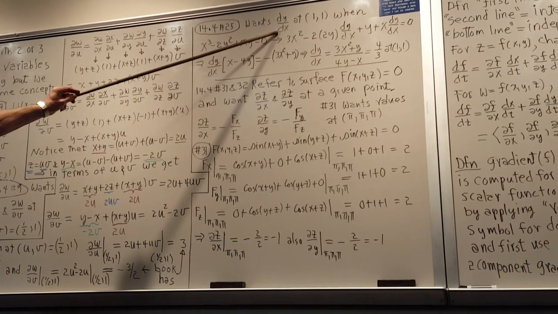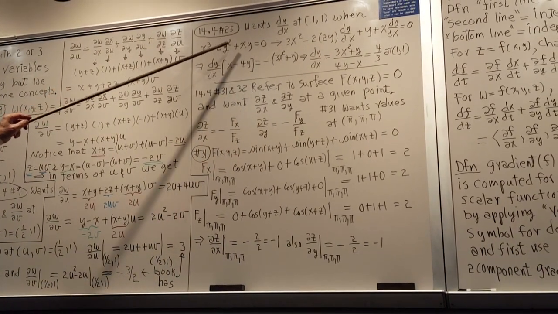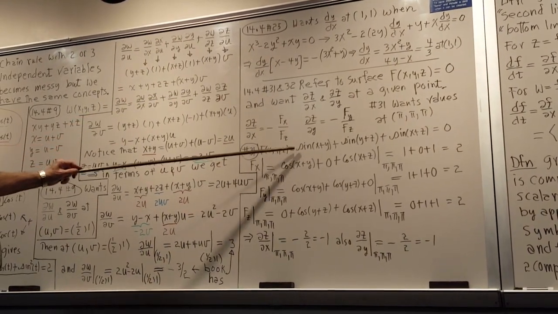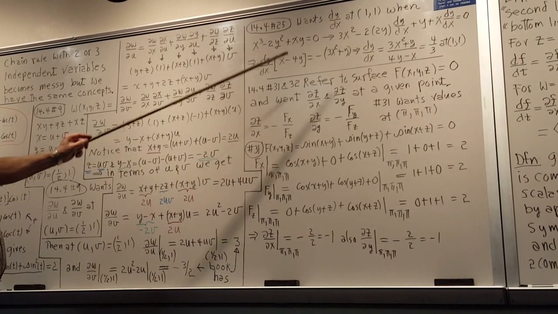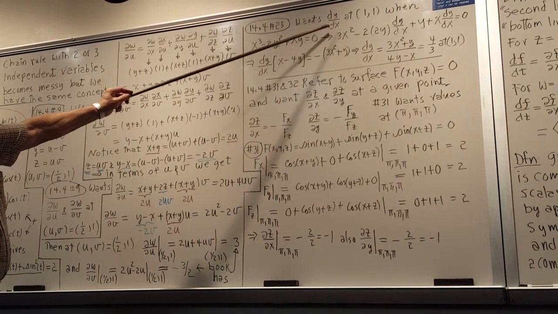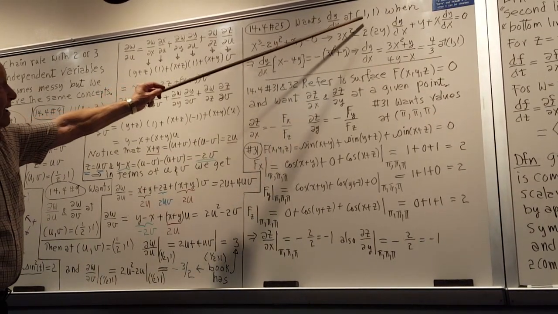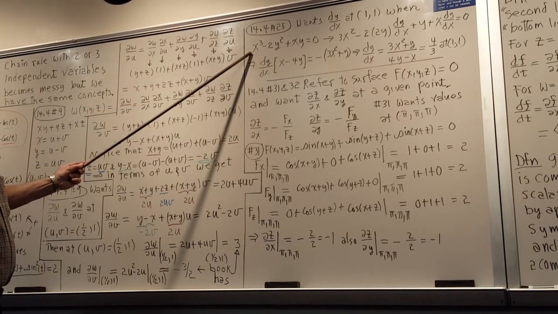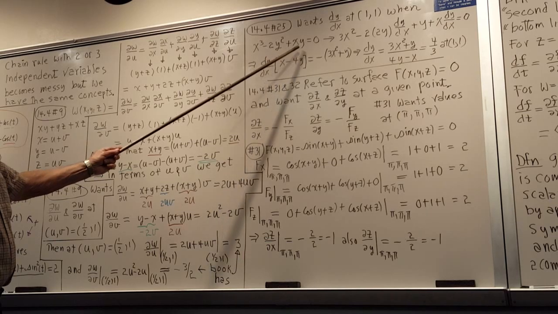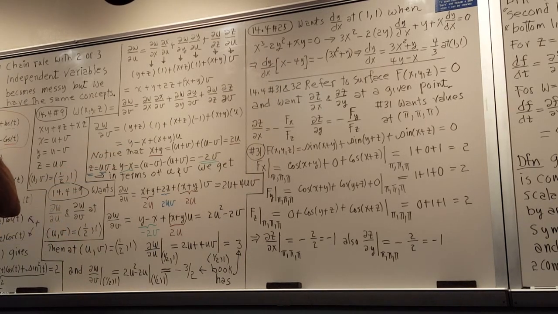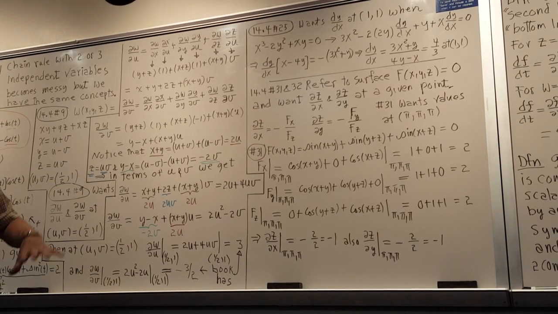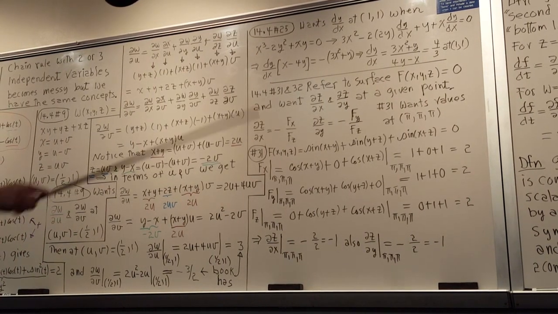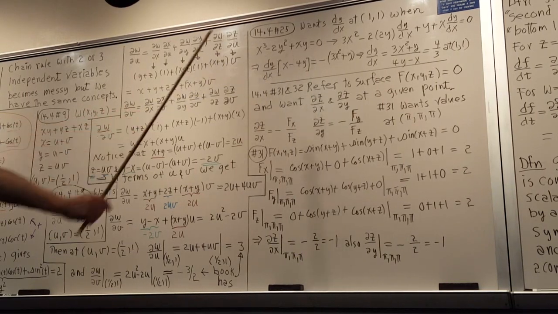It wants dy dx, so this is an implicit differentiation type problem, and so are the last ones, 31 and 32. So it wants dy dx at (1, 1) when your x and y are defined implicitly by saying that they are on the curve that's defined by an equation.